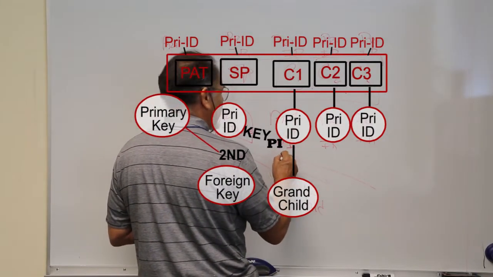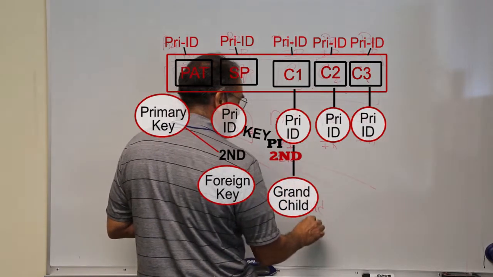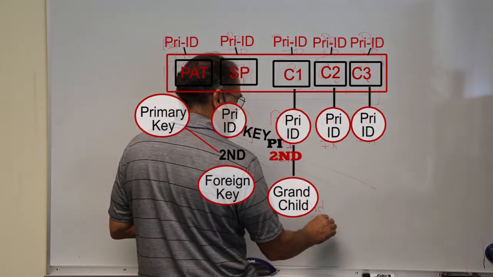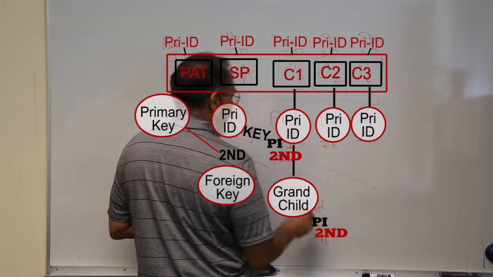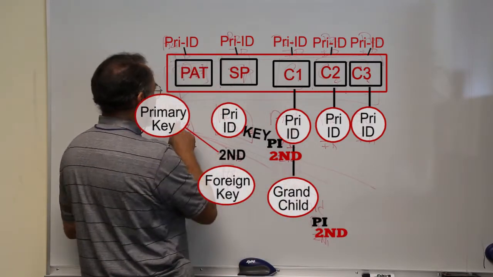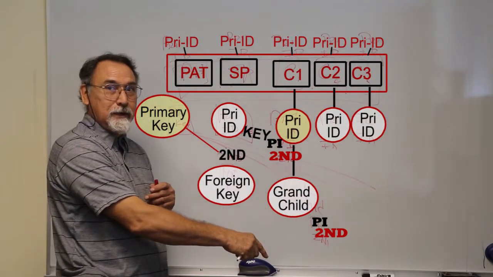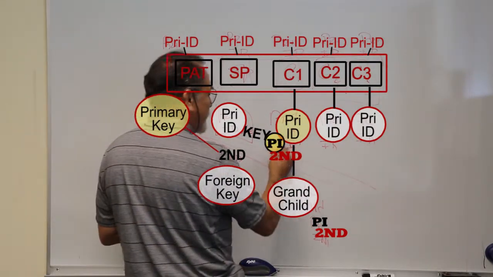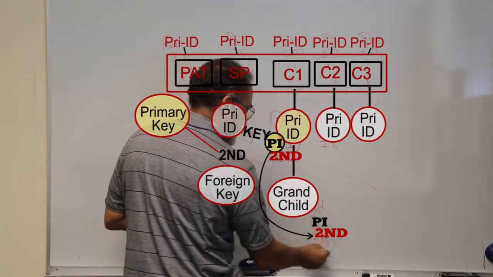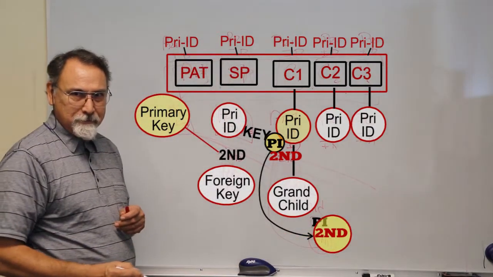It would also have a second identifier. Now this also has a primary identifier, and it also has a secondary identifier. However, remember that this one hooks up to this, and now this is going to hook up to this one. Okay? So this primary identifier here now is going to be the second identifier down here.